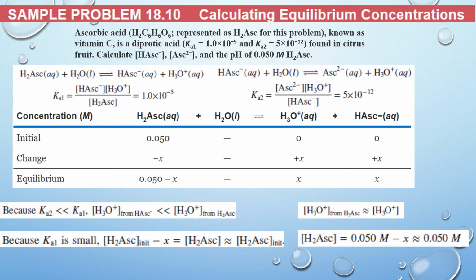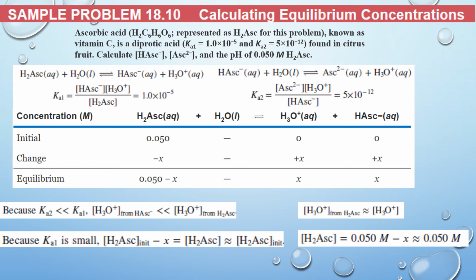In this example problem, we have ascorbic acid, which is also known as vitamin C. In lab number 7, you're going to determine the concentration of vitamin C. This acid is a diprotic acid, meaning that it can donate 2 protons when it dissolves in water.